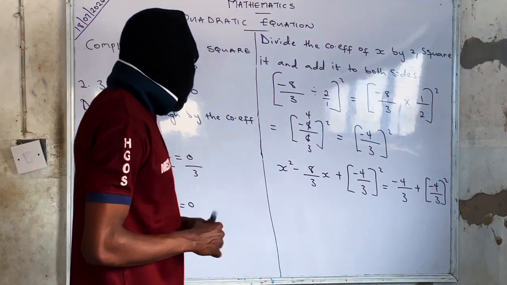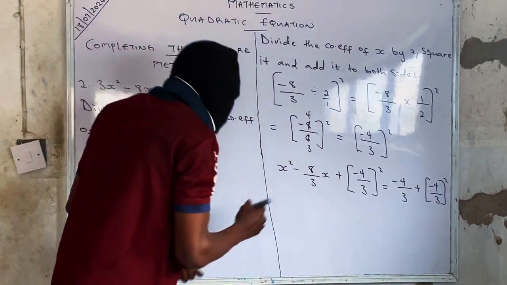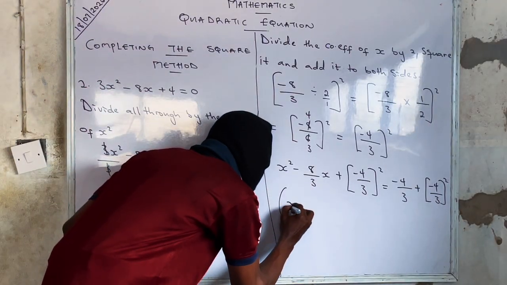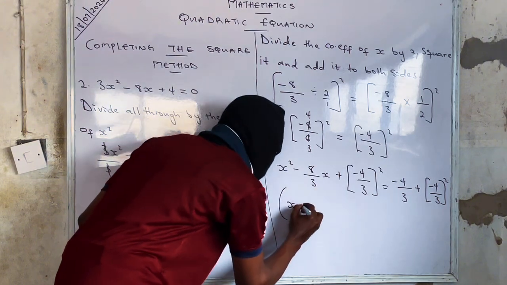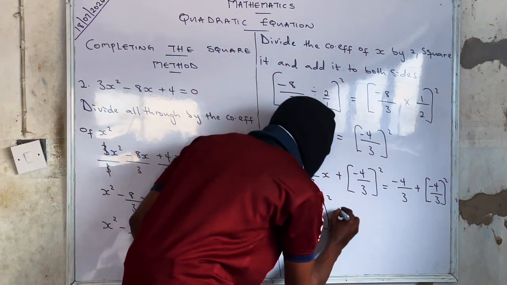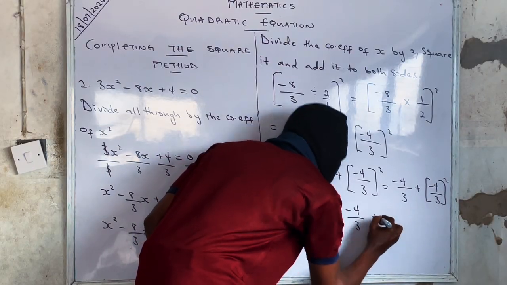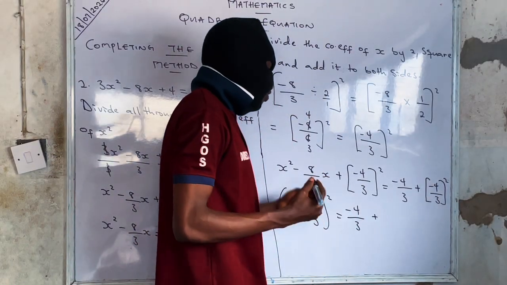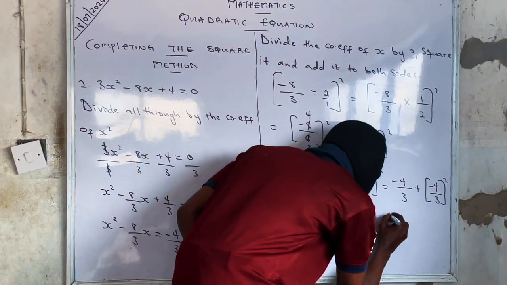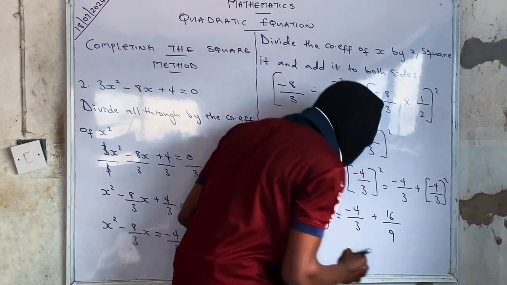Very simple. Now we'll pick one x and one out of this. So it will give us x minus 4 over 3 then square equals minus 4 over 3 plus, now minus 4 squared will give us 16 over the 3 squared will give us 9.